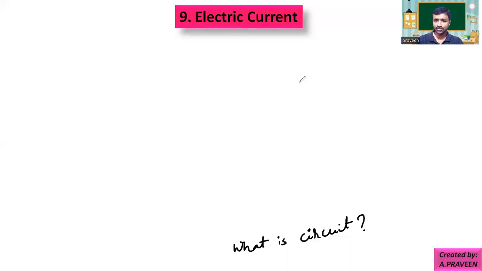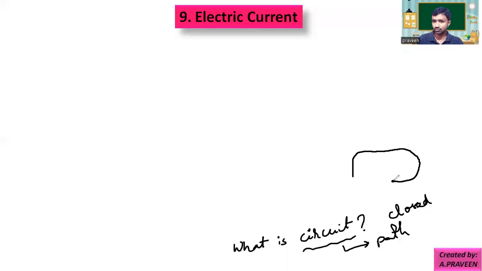Okay, here circuit means something simple, that is a path. Circuit is what? Simply a path. What type of path? Closed path. So simply, if you start from this point, it may be connected through many appliances, then reach the same point.